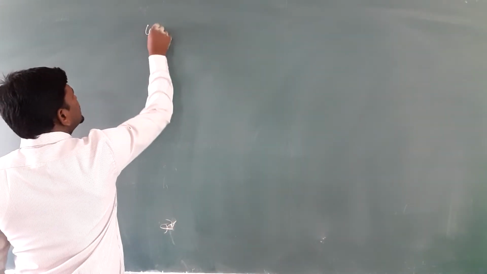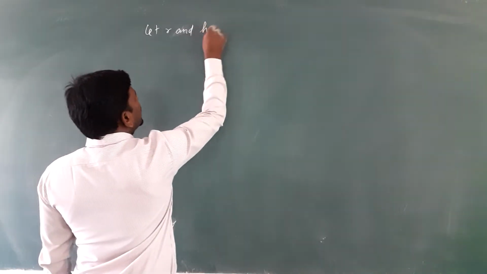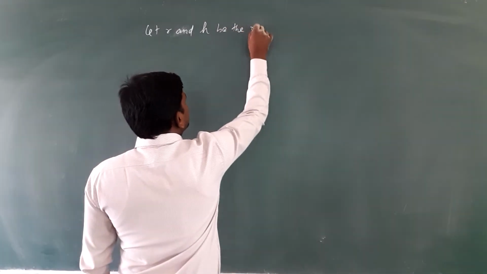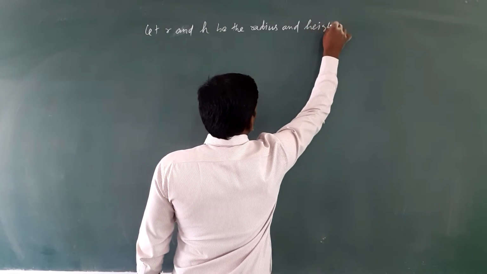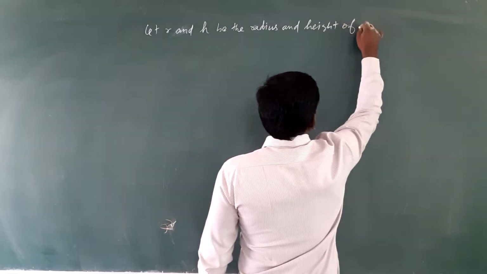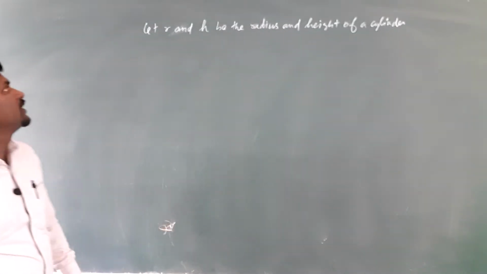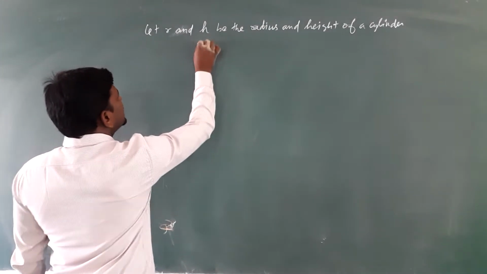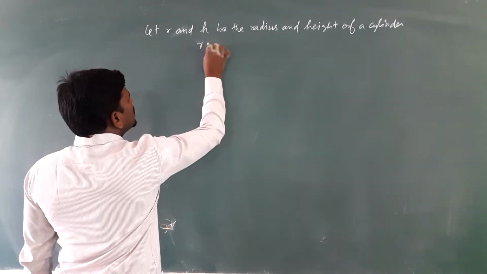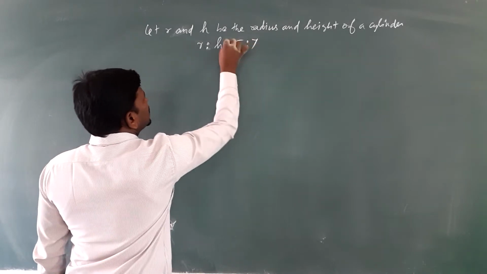So let R and H be the radius and height of the cylinder. R is to H is equal to 5:7.